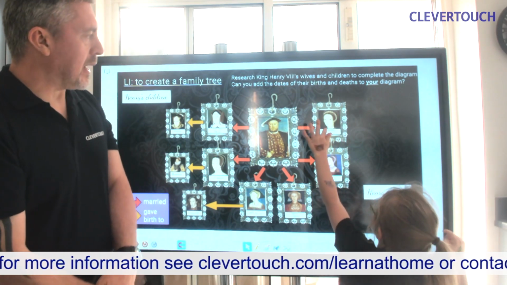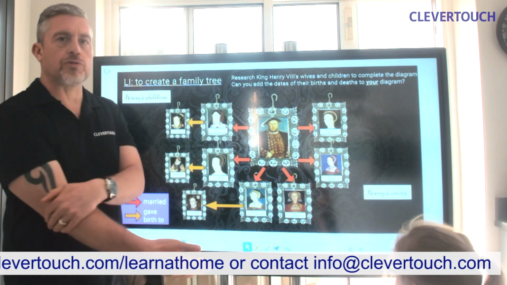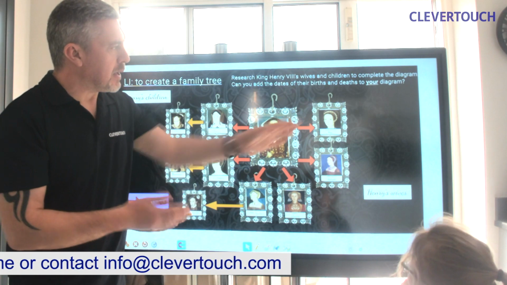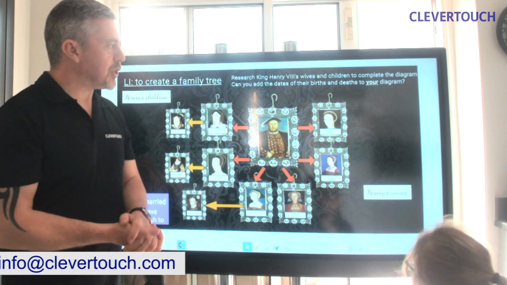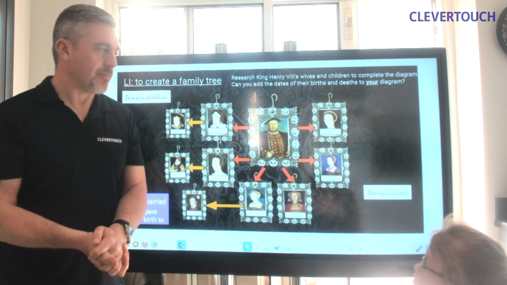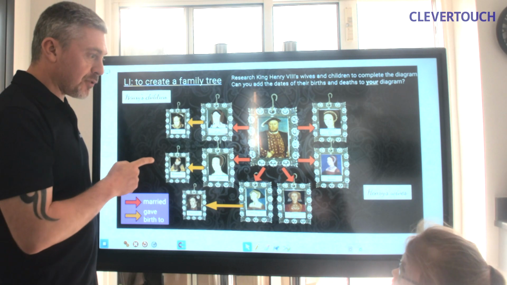So, finally, Henry needed someone stable, someone who could help him look after his children and bring a bit of stability to the country, and so he chose Catherine Parr, and she was married to him all the way up until he died.